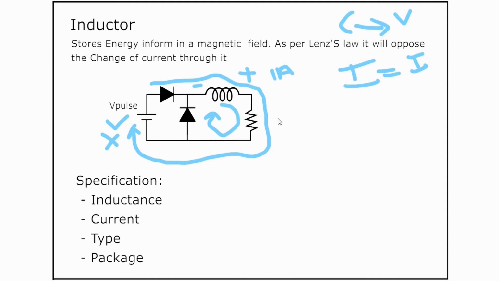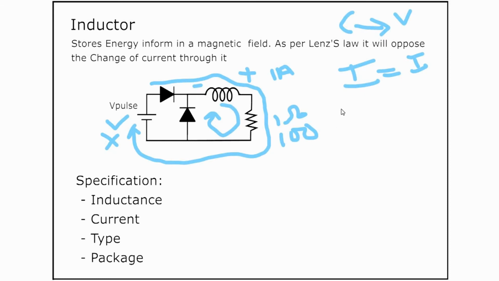Now let's assume this was a 1 ohm resistor. At the instant the power turned off, it will generate 1 volt so that 1 amp continues to flow through the inductor. If it was a 100 ohm resistor, at that instant it will generate 100 volts because it has to make sure that 1 amp still continues to flow, and based on the amount of energy it stores, it will try to maintain that current.